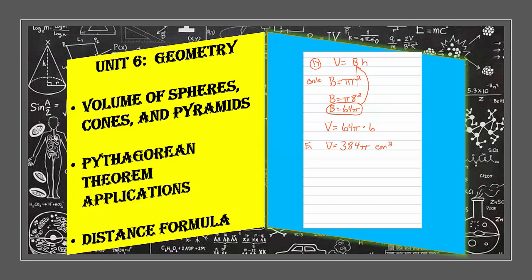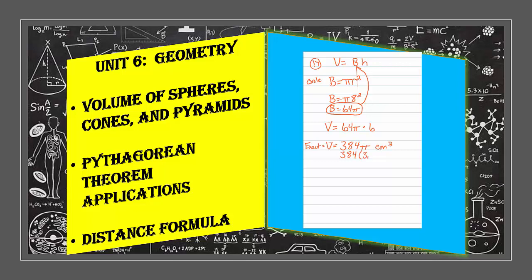But the question didn't ask for an exact or an approximate, and since it didn't ask, we're going to be more accurate and go ahead and give both answers. I know it's one more step, but you can handle it. And so in order to give one more further step, we take our 384 and we use an approximate value of pi. And the approximate value of pi that's most typical is 3.14.